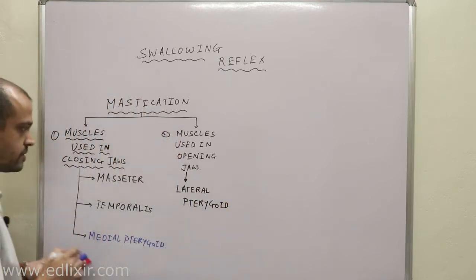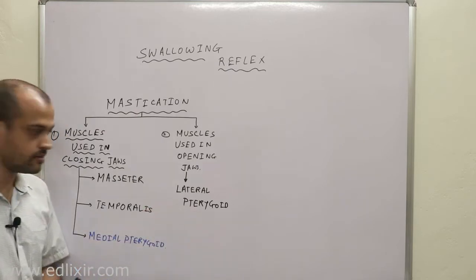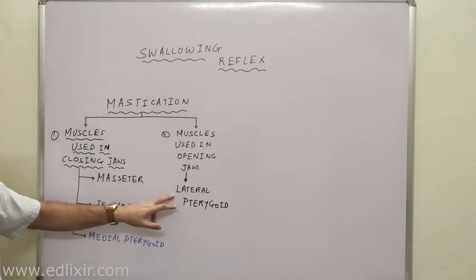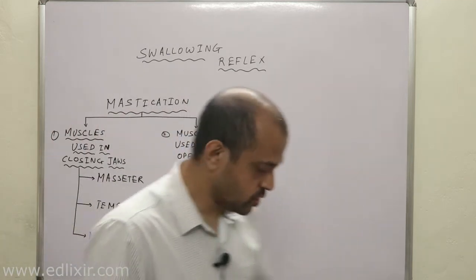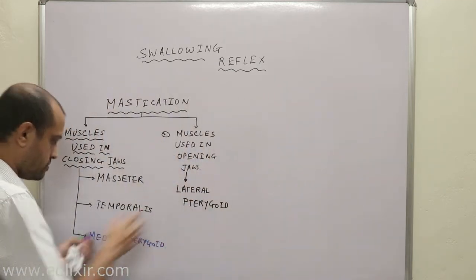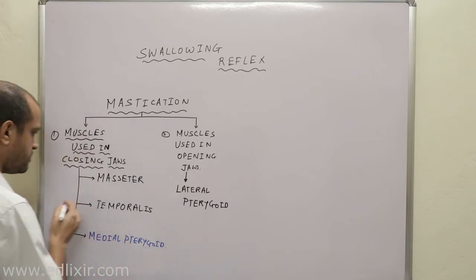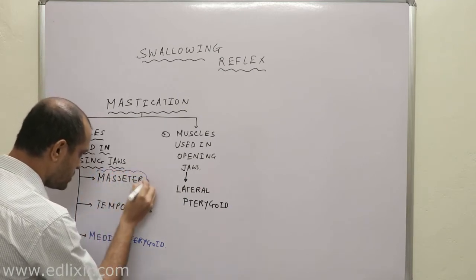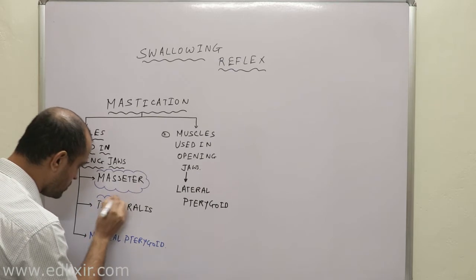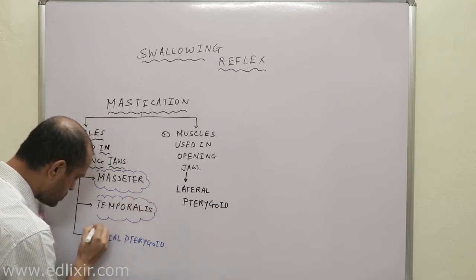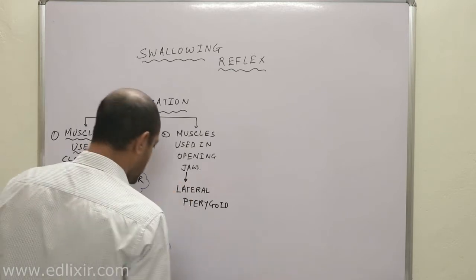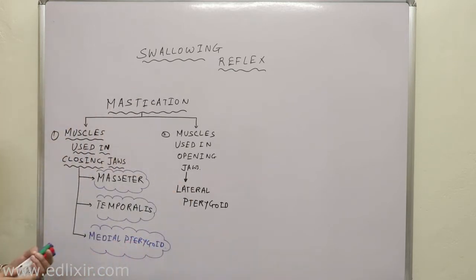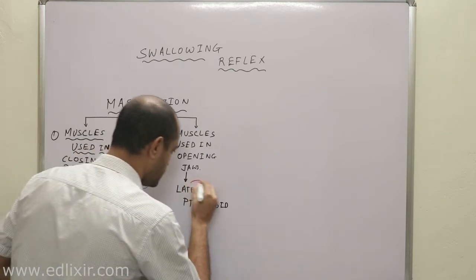Like the medial pterygoid, you cannot feel the lateral pterygoid either. Clear? So these are the four muscles which are used for opening and closing of the jaws. Now listen with all your attention.